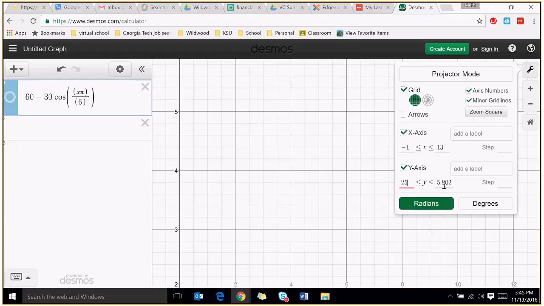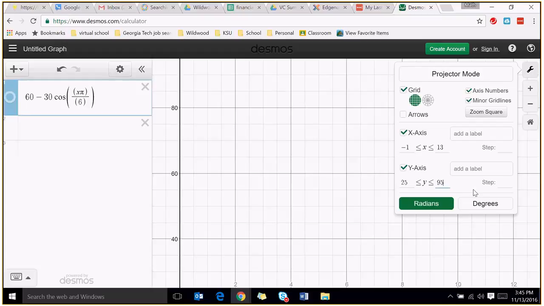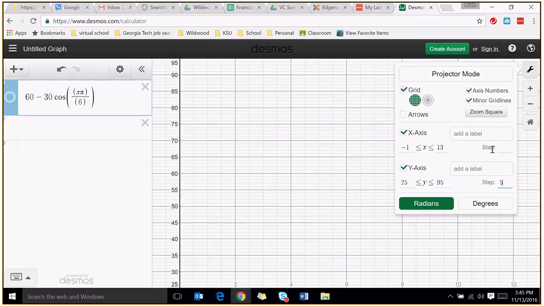And then what would your highest value be? 95. And if you want, you can go up by increments of 5. It might make it a little easier to see the graph. As far as your step on the first one, you probably want to go by 1.